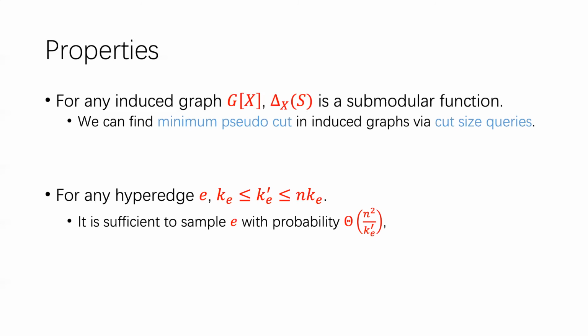So this means to construct a hypergraph cut sparsifier, it is sufficient to sample each edge E with probability at least n squared over K prime E, because it will mean that we will sample each edge E with probability at least n over Ke.